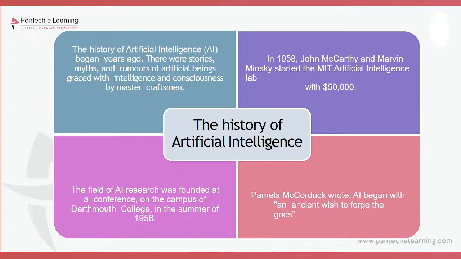Okay, sorry for the inconvenience. The field of artificial intelligence research was founded at a conference on the campus of Dartmouth College in the summer of 1956. So the research field of AI was started in the summer vacation of 1956.